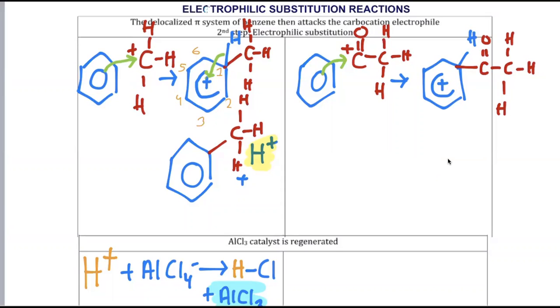Okay, so remember that this delocalized system extends from carbon number 2 to number 6. To restore the delocalized system, the carbon-hydrogen bond breaks, and the electron is donated to the positive center. So you form your product.